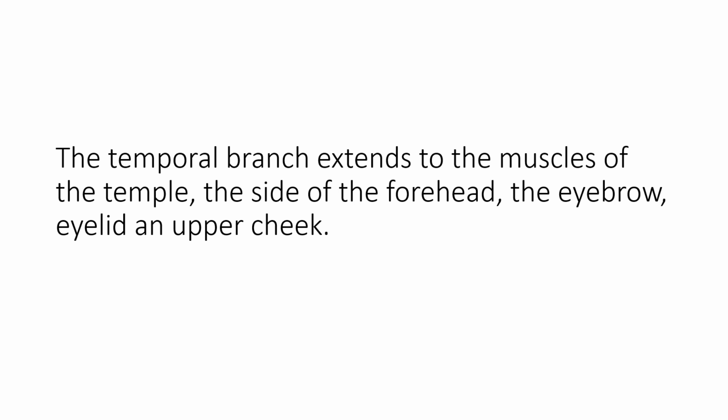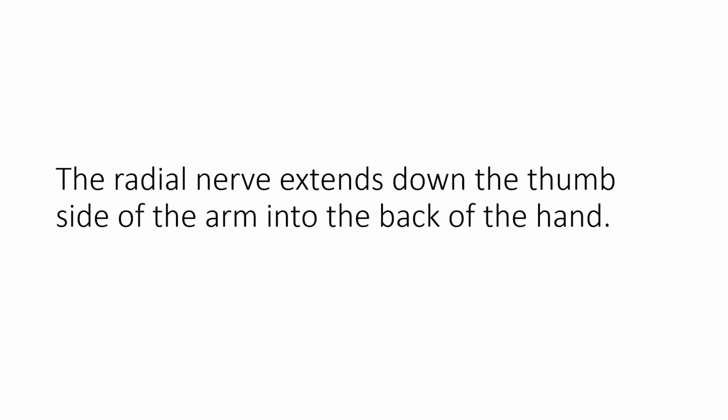The temporal branch extends to the muscles of the temple, the side of the forehead, the eyebrow, eyelid, and upper cheek. The radial nerve extends down the thumb side of the arm into the back of the hand.